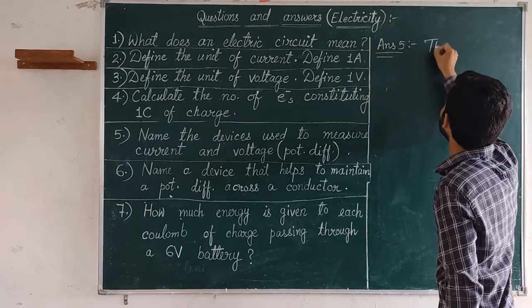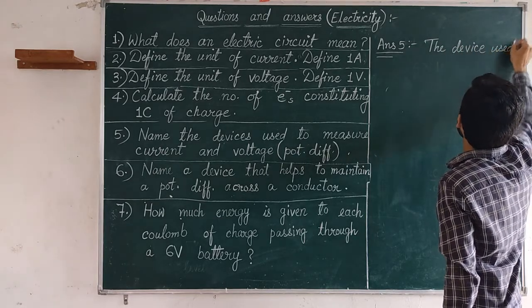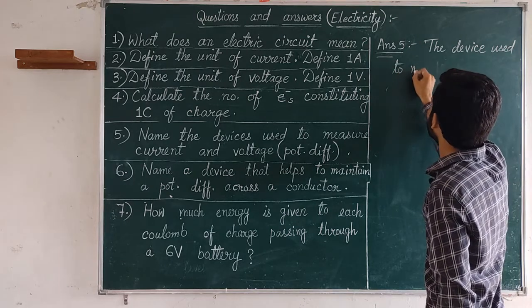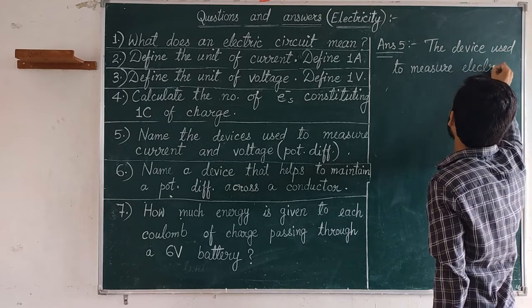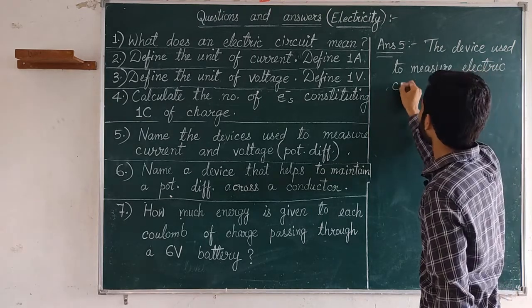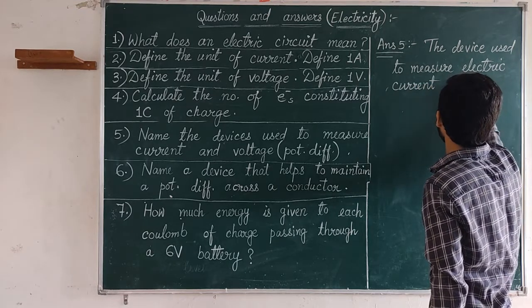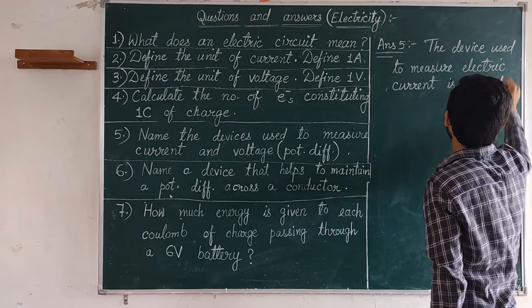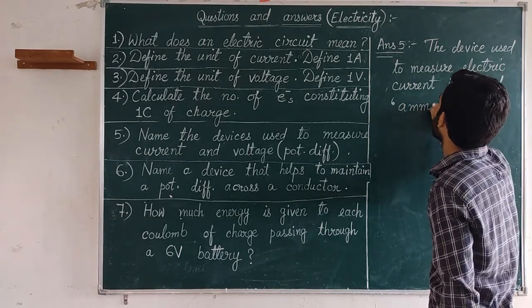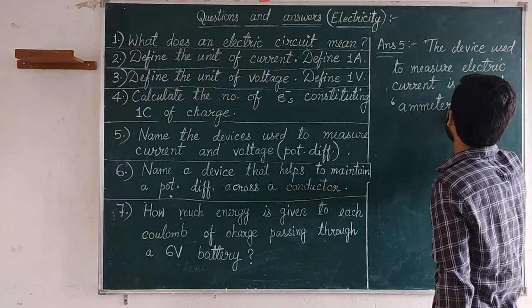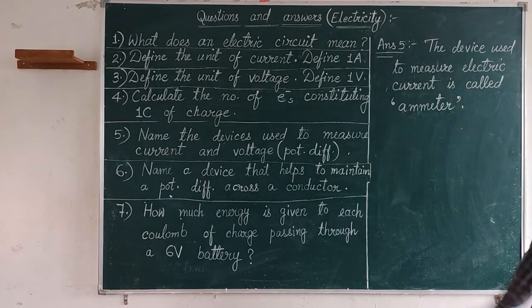The device used to measure electric current is called ammeter. The device which is used to measure electric current is called ammeter.